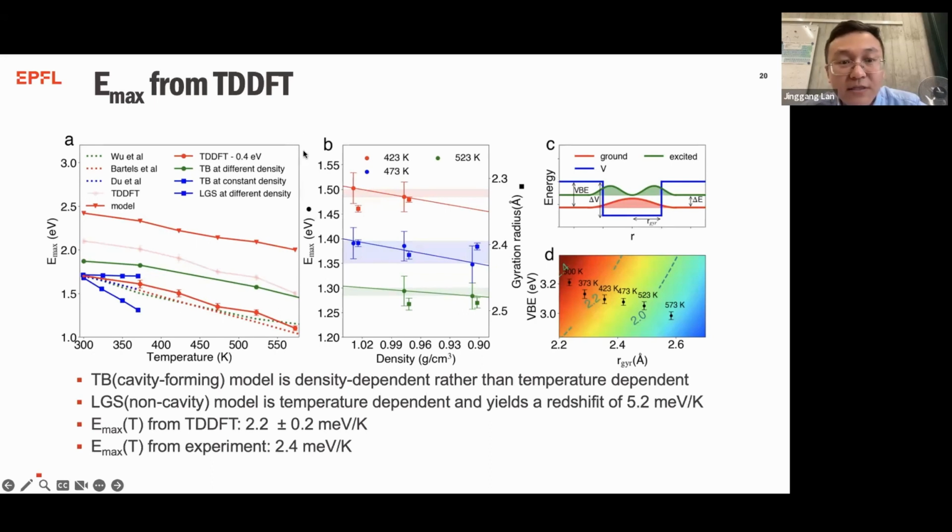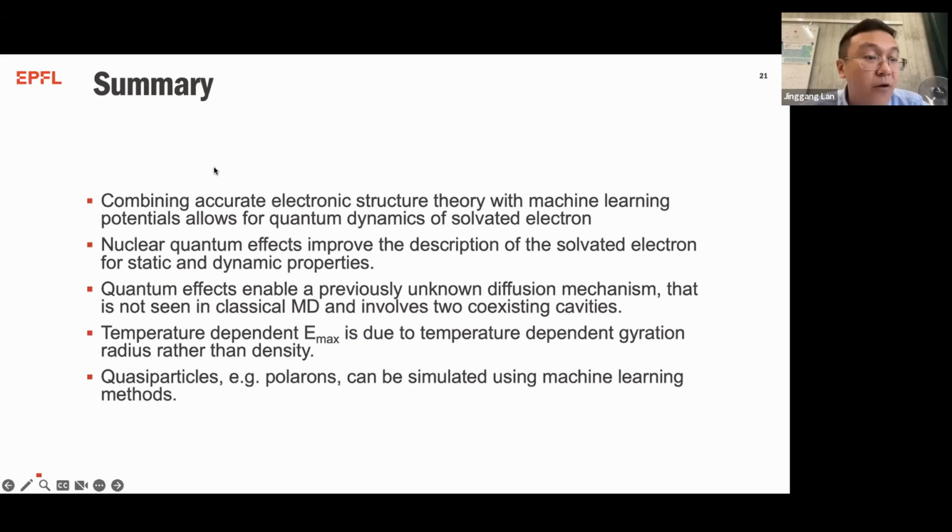By solving this model using the Schrodinger equation, we can get the curve plotted in pink in figure A. And we can conclude from our results that the gyration radius is a key factor that causes the temperature dependence of the absorption maximum. And to the end, I would like to summarize my talk.